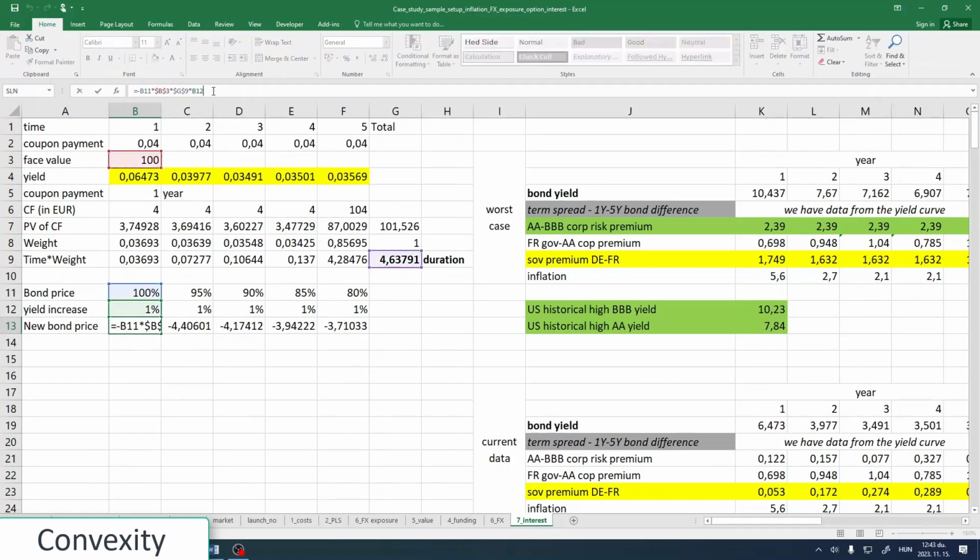But okay, so plus this number is multiplying this number, and this one is fixed, because now we can see the new bond price.